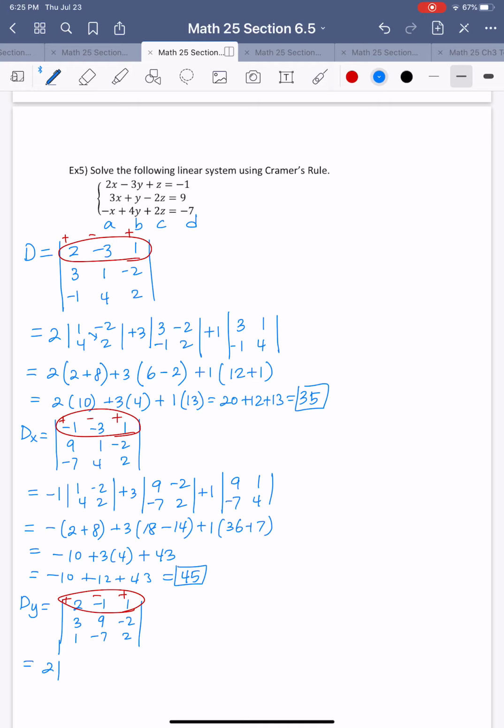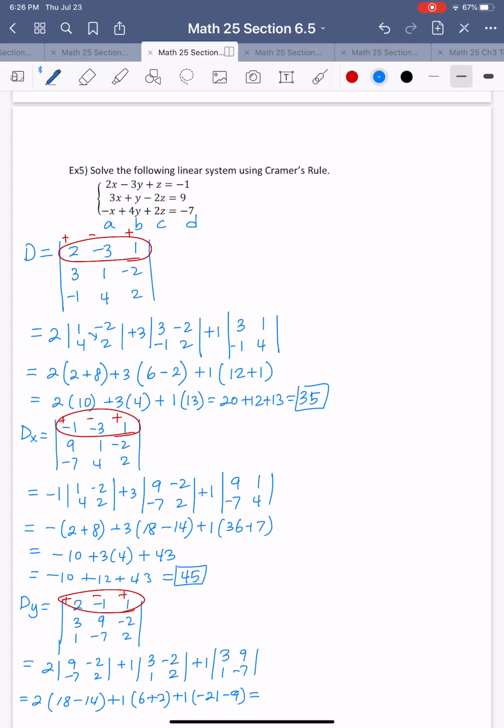So I'm using 2 times 9, negative 2, negative 7, and 2. And plus 1 of 3, negative 2, 1, and 2. And plus 1 of, I have a 3, 9, 1, negative 7. So I got 2 of 18 minus 14 plus 1 of 6 plus 2 plus 1 of negative 21 minus 9.